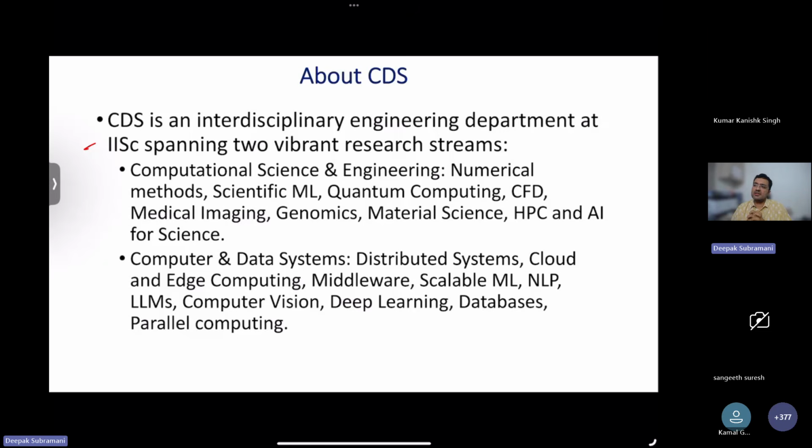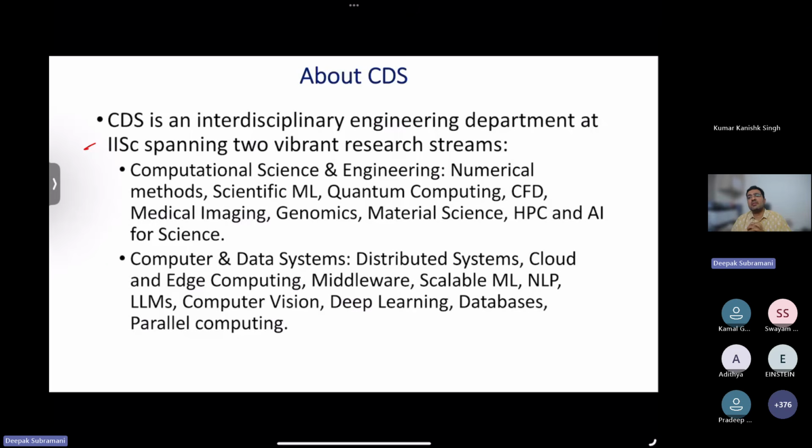Then there are advanced subjects like quantum computing, traditional subjects like computational fluid dynamics, and interdisciplinary subjects like medical imaging, genomics, material science, especially computational material science, and high performance computing. Almost all of us also do what is called AI for science. This is the computational science and engineering stream within the department.